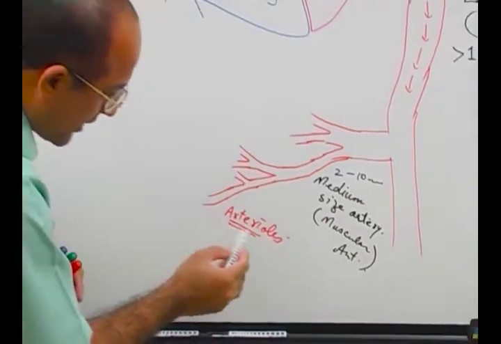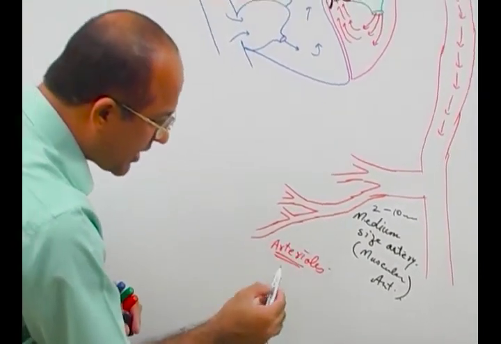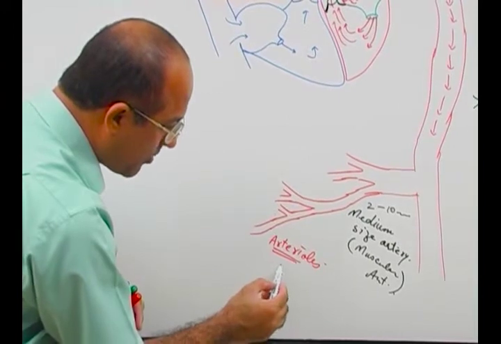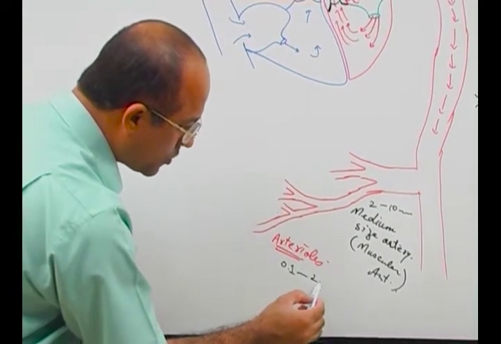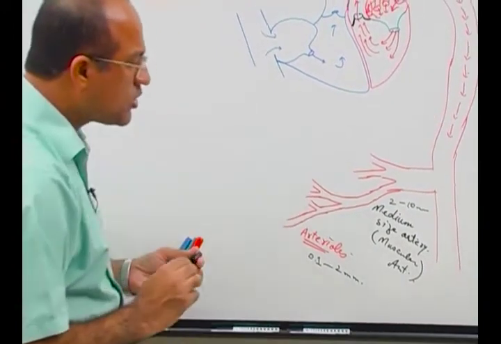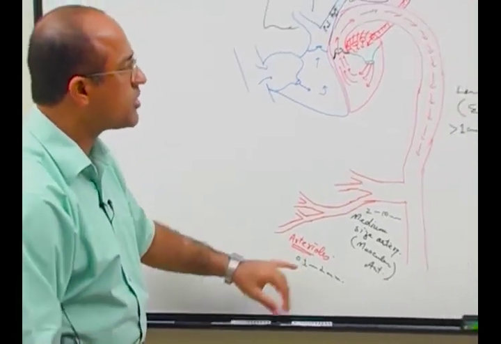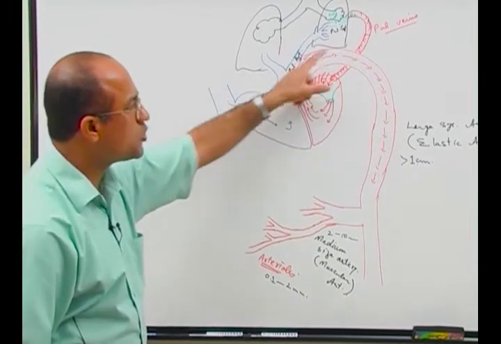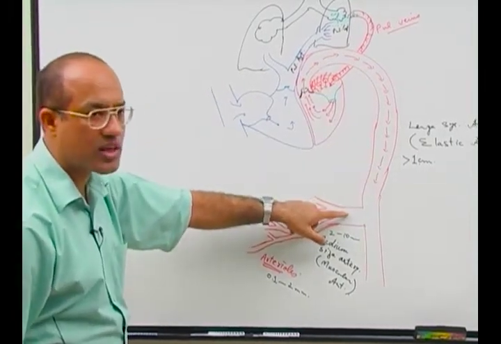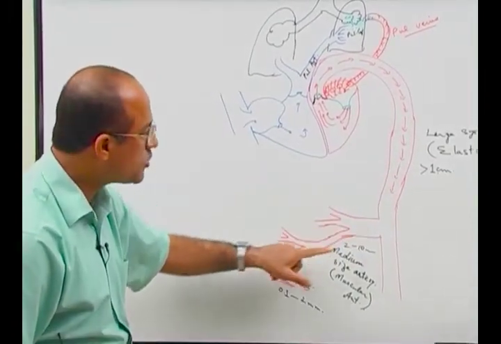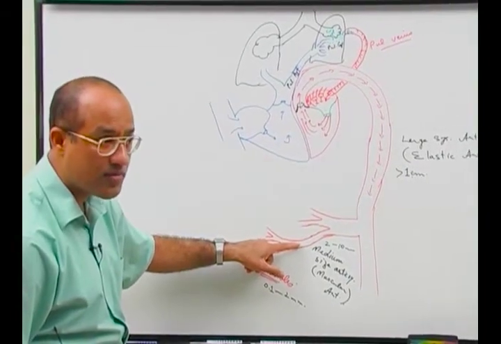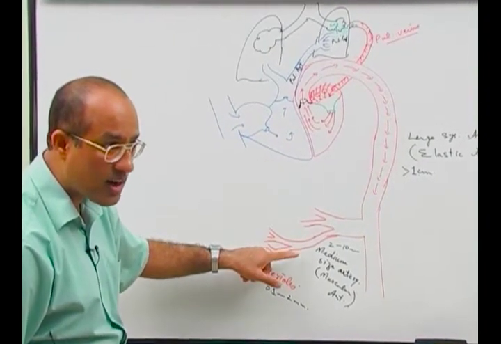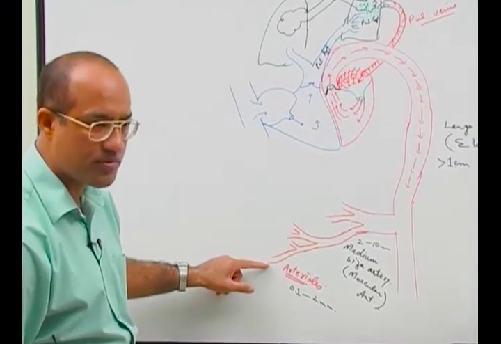And then smaller arteries and arterioles are very small, about 0.1 to 2 millimeter. There is no need to remember these sizes, but the very important point is that blood is moving from the left ventricle into the aorta and its main branches, which are called elastic arteries, then into medium sized arteries, which are called muscular arteries, and then small arteries, and eventually into arterioles, right?